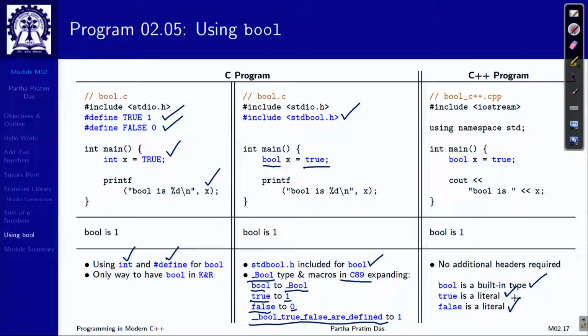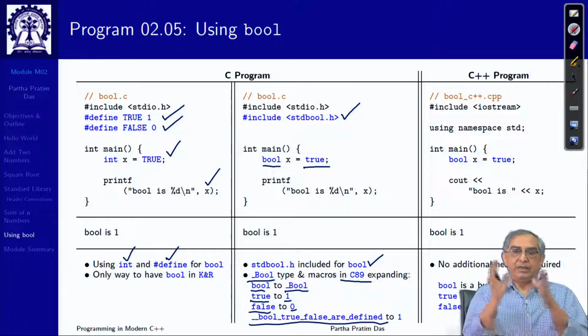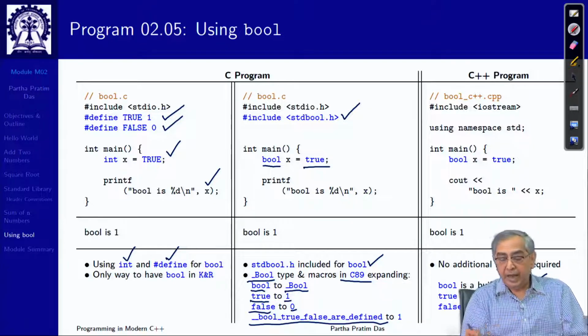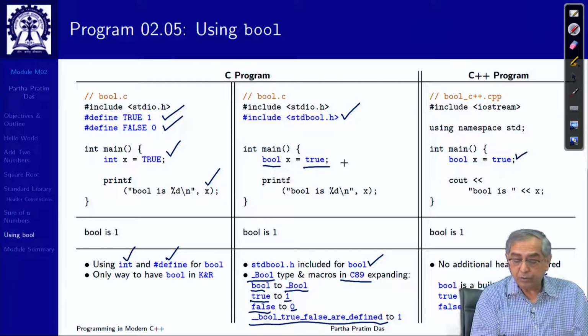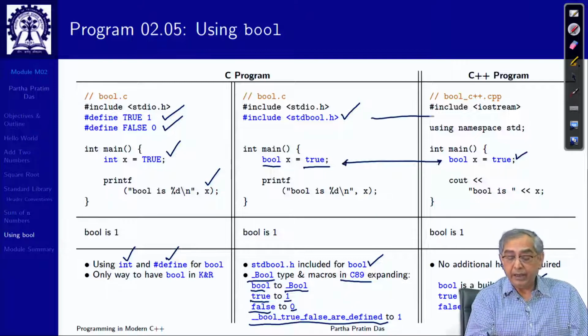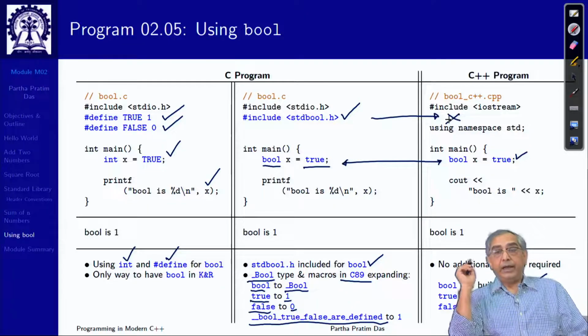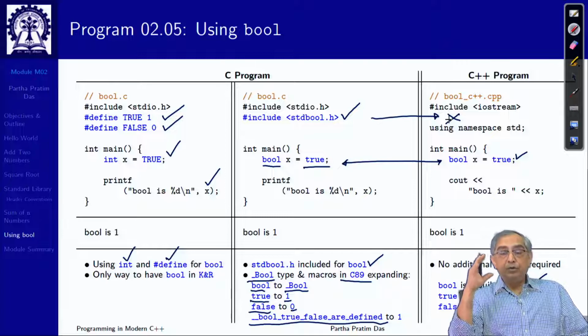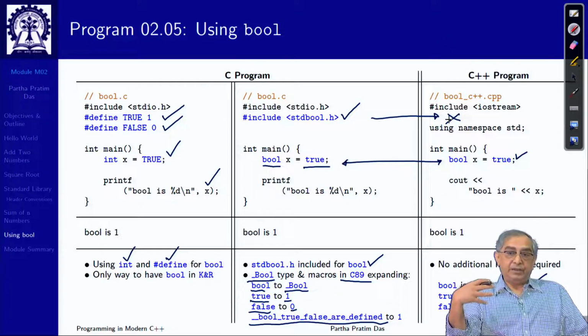So, they are not mappings to 1 or 0, they are just literals by themselves, and C++ does that. So, code wise it looks same, and certainly you do not need to include anything special, because it is no more a feature of the library, it is a feature of the language.